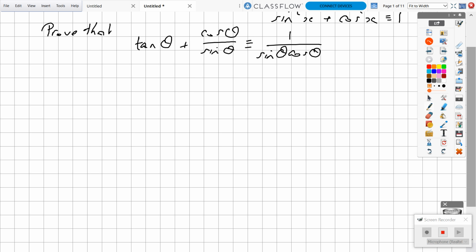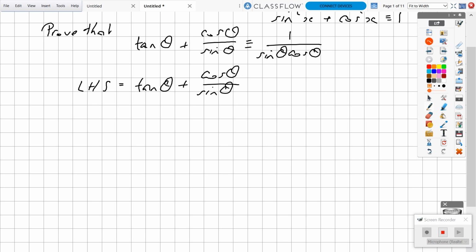You need to start with the side that you think is more complicated. Now, I would judge that the left-hand side is more complicated. So left-hand side equals tan theta plus cos theta over sine theta.